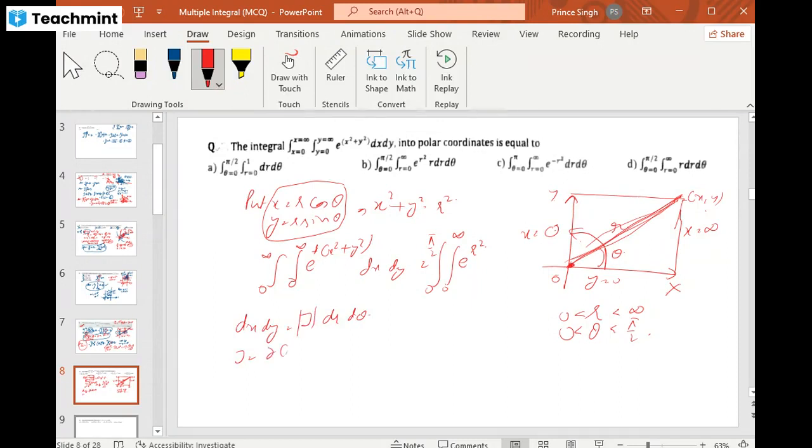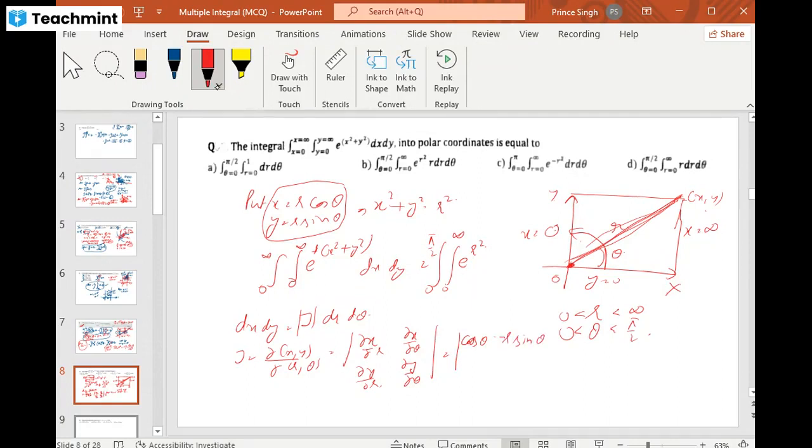This is the Jacobian of x, y with respect to r, theta. That is the partial of x with respect to r, partial of x with respect to theta, partial of y with respect to r, partial of y with respect to theta. So the derivative of x with respect to r is cos theta. The derivative of x with respect to theta is minus r sin theta.